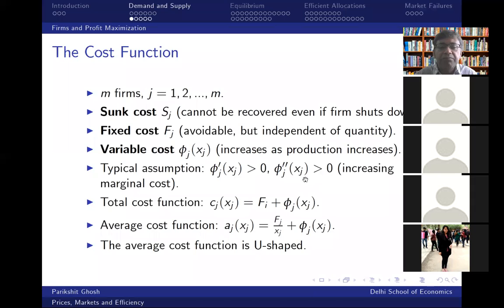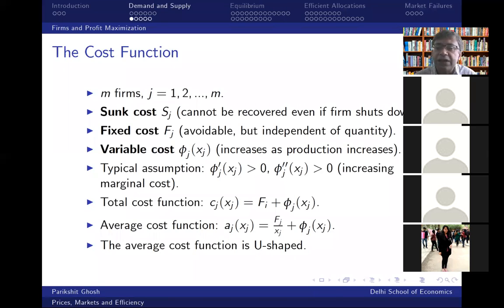Hello, sir, this is Akanksha. My question is, when we are calculating profit for a firm, should we include sunk cost as a part of fixed cost in that profit? Yes, I got distracted. Why am I making this distinction? Well, some costs are irrelevant for decision making.